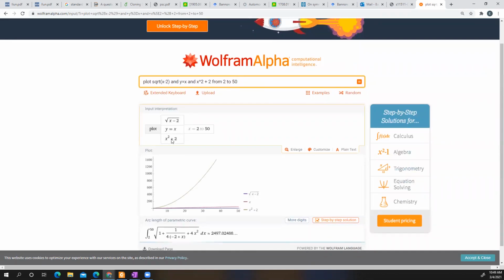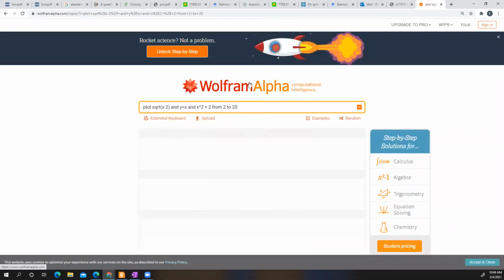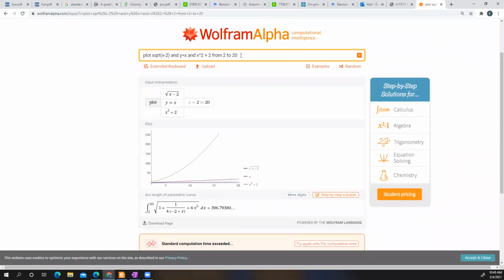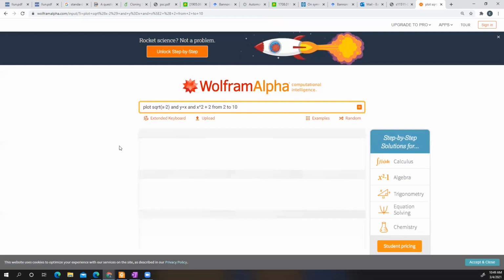All right, actually, I'm being a dummy, this example's in the book. You should be able to fiddle around with Wolfram Alpha to get the plot to work.